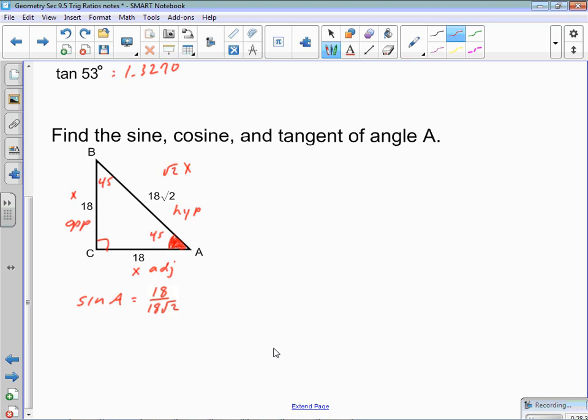Of course, right now we can see that we've got 18 over 18, so those are going to cancel each other out and just become 1s, right? And then the square root of 2, and multiply the top and bottom by the square root of 2, which is going to give us the square root of 2 over 2.